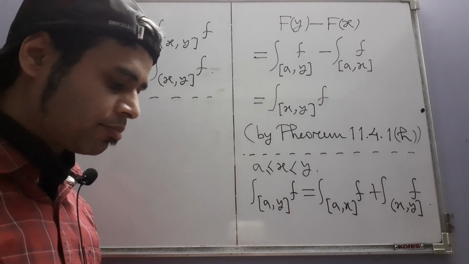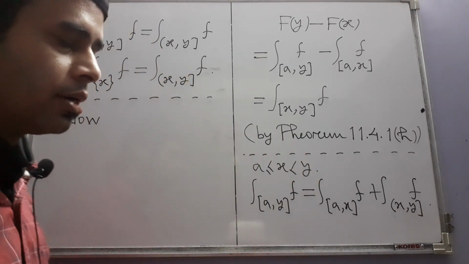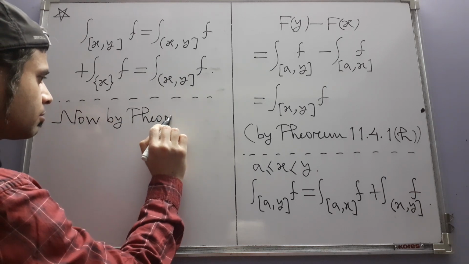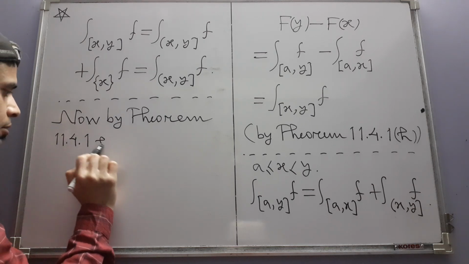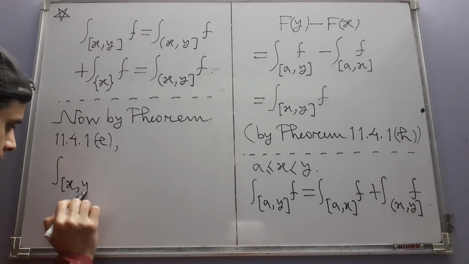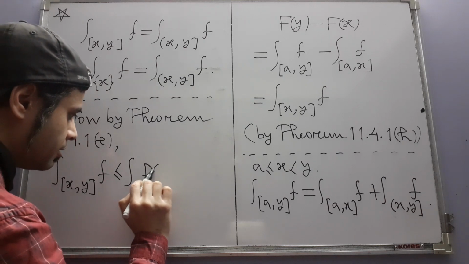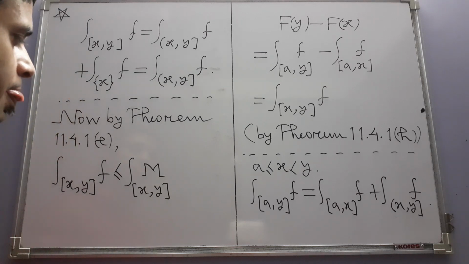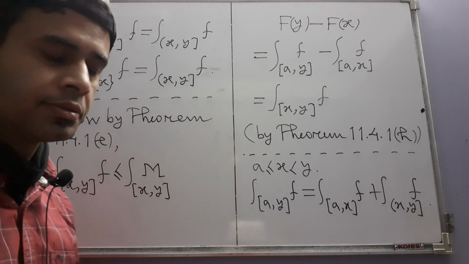And here we are again applying another basic property of Riemann integrals, which is part E of that same theorem. So we write now by Theorem 1141E, this is less than or equal to the integral of M over x comma y, by another property which tells us what the integral of a constant function is.